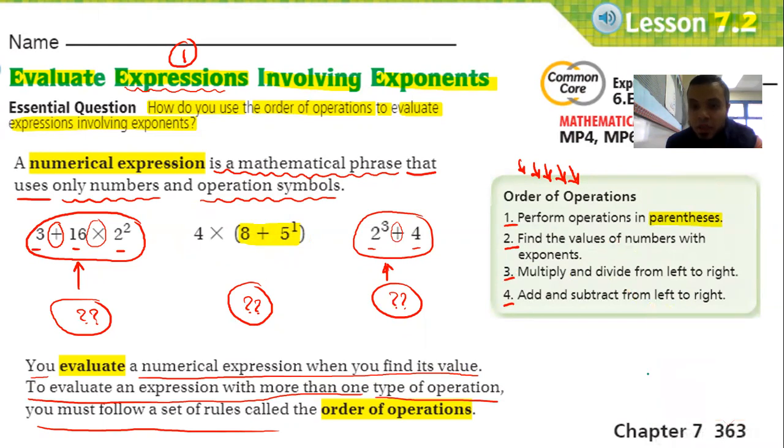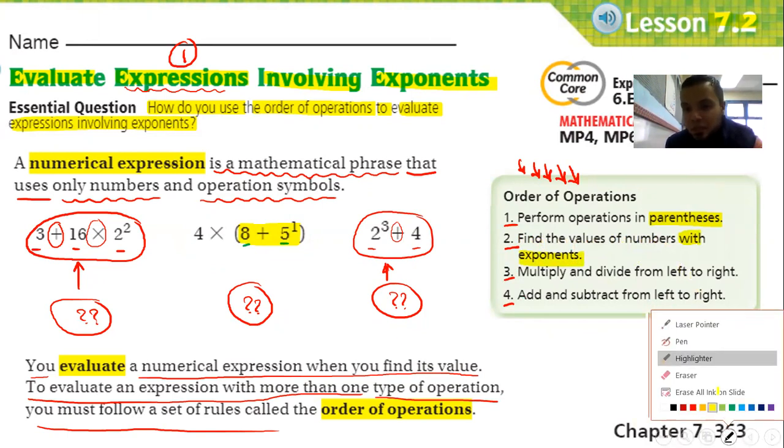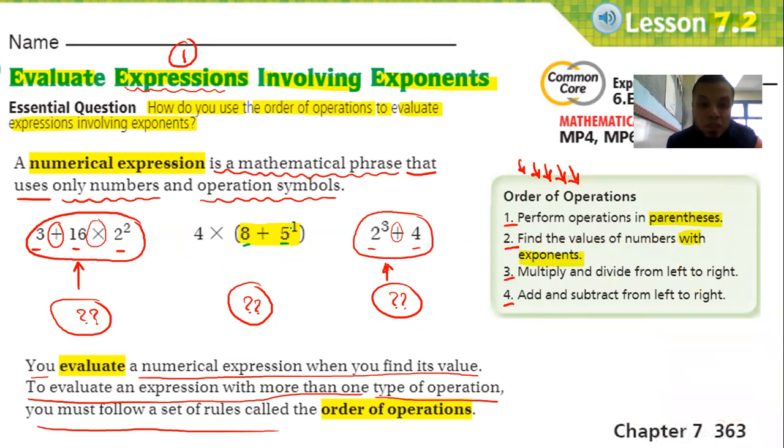So we have parentheses here: 8 plus the first power of 5. But I have seen a power here. So the second step says find the value of numbers with exponents. Find the power inside these parentheses and calculate. The first power of 5 equals 5.